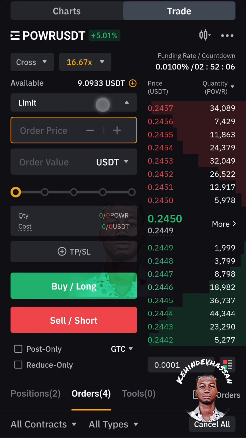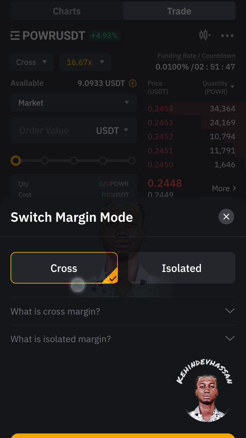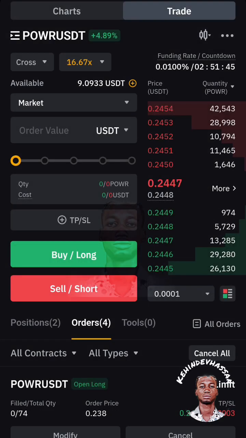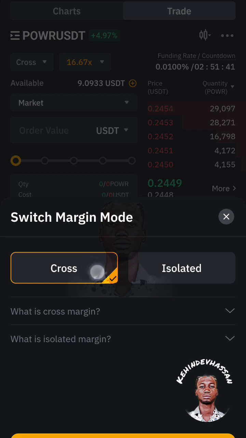Now the market order, just like the name says. Once you initiate this transaction, it is going to go live immediately. Let us make an example. We are going to be using cross. You can see here cross and isolated, but we are going to make use of cross for safety.